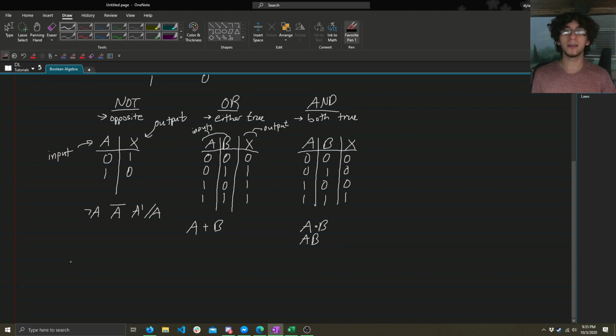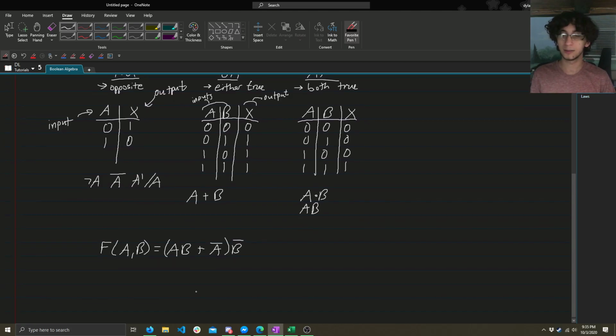Now, how can we combine these? Well, let's say we've got a two-input function. Let's just call it f, and we put in A and B. Well, we can say that it is equal to A B, and we're going to OR it with, let's say, A not, and all of this in parentheses, let's say that is going to go with B not.